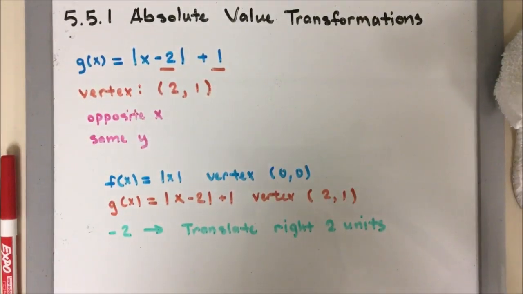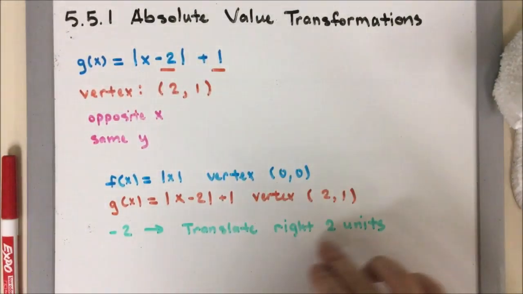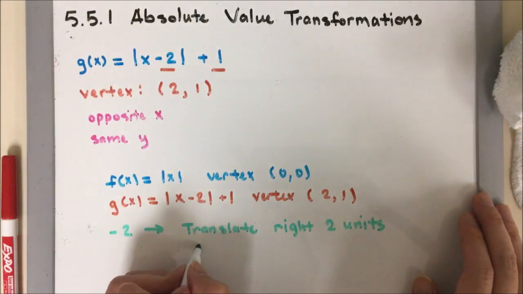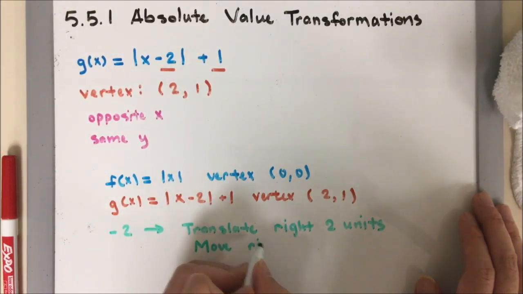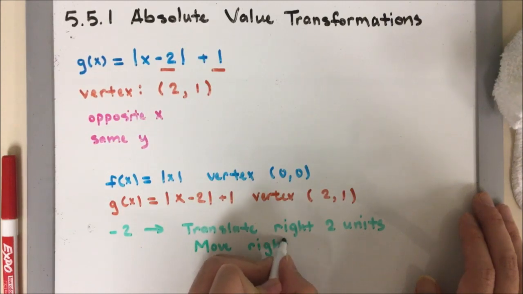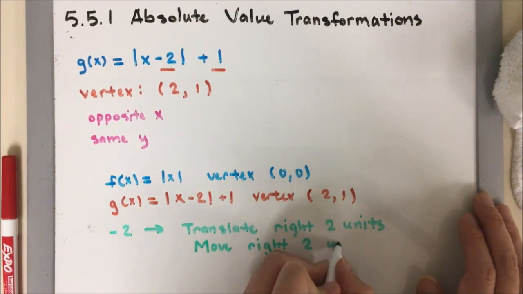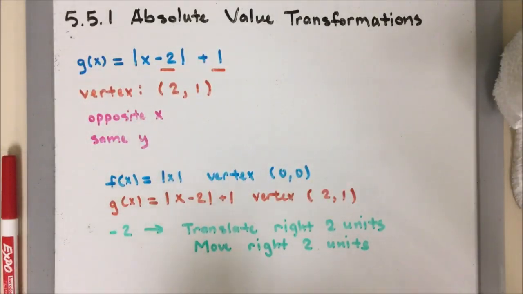So if it's minus 2 inside the absolute value line, then it will translate right 2 units. You could also write or say move right 2 units. So that's the minus 2 inside the absolute value.